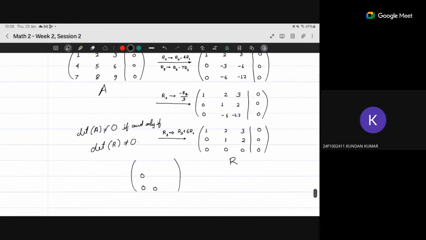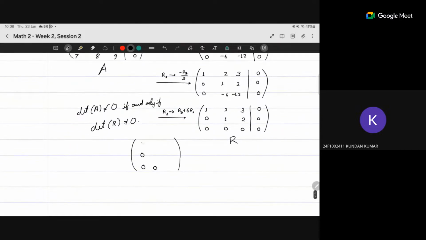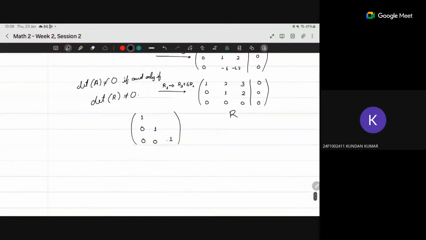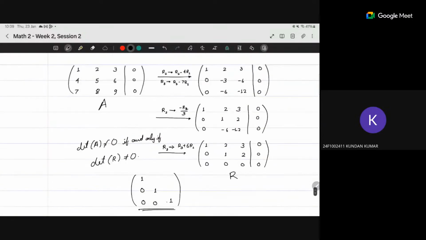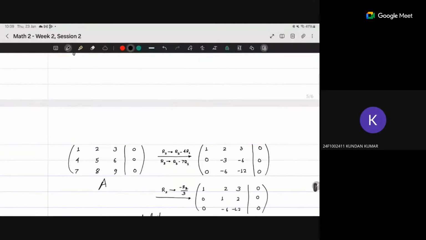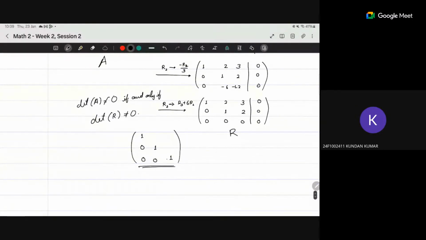If the determinant of A is equal to 0, one of these has to be zero. Otherwise, the determinant of this will be non-zero. If it is 1, 1, 1, the determinant of this will be 1, but the initial assumption is that the determinant of this is 0. So this cannot happen.